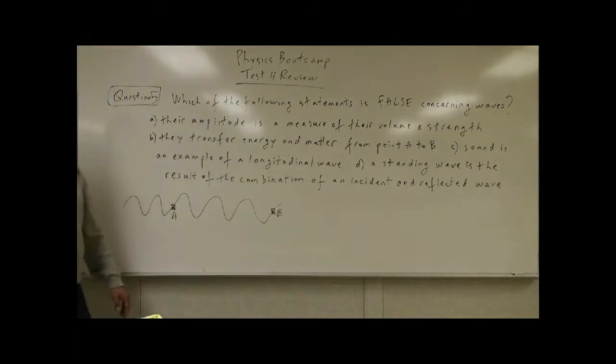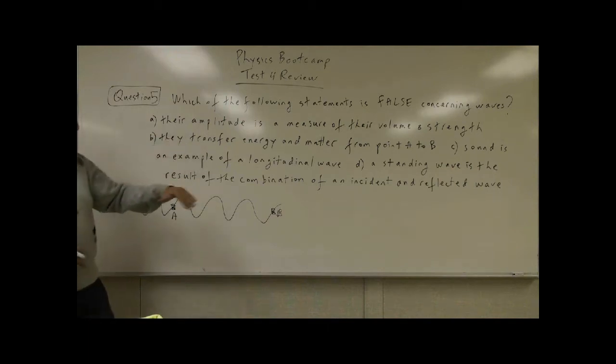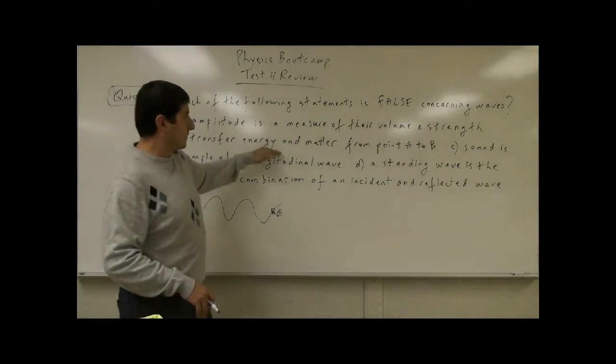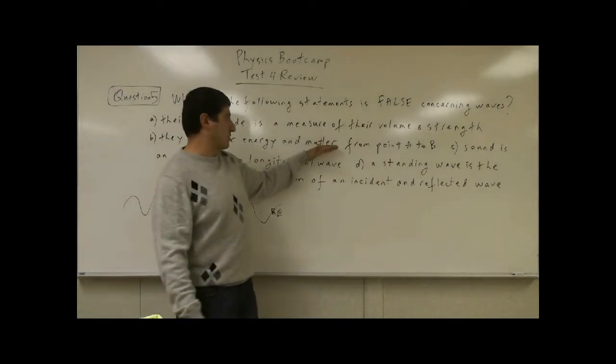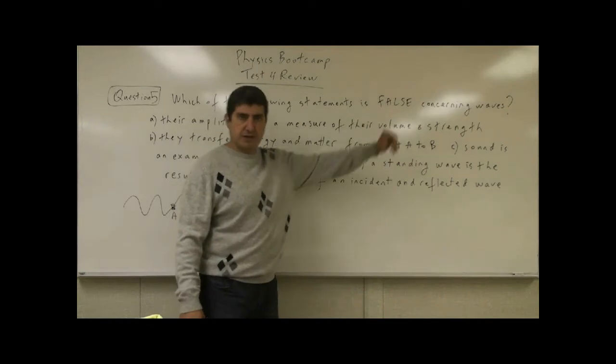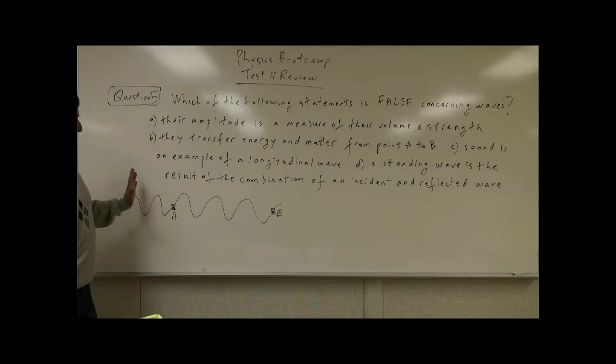So what would happen to those cans? Well, actually this question should be split up into two parts. They transfer energy from point A to point B, and do they transfer matter from point A to point B, right? So what's going to happen here?